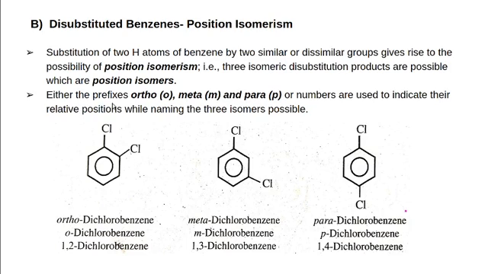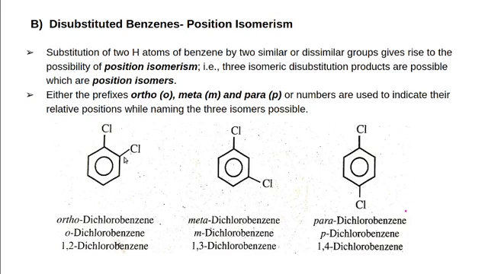So either the prefixes ortho, meta and para or numbers are used to indicate their relative positions while naming the three possible isomers. Here we have one benzene with two chlorine atoms attached. The two chlorine atoms are attached on carbon atoms 1 and 2.